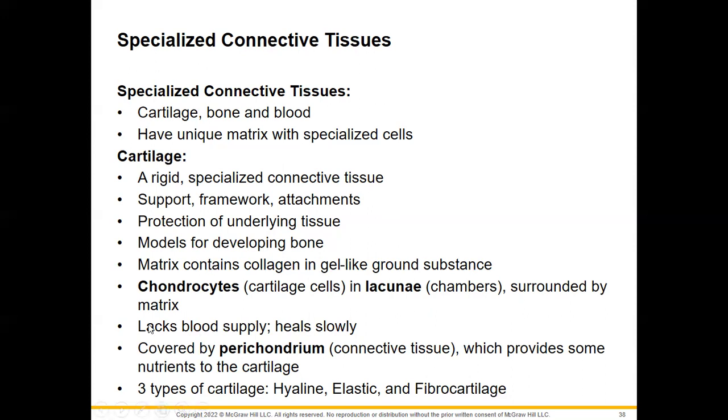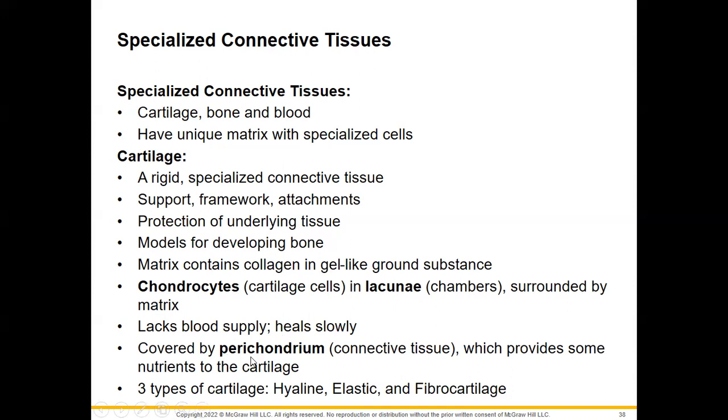Cartilage is another connective tissue that lacks blood supply, just like your tendons and your ligaments. So cartilage, once that's broken, once that is damaged, it's going to heal very slowly, again, because it lacks a blood supply. Cartilage is covered by perichondrium. So peri means around, chondro means cartilage.